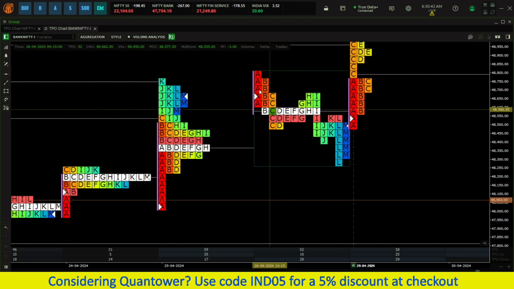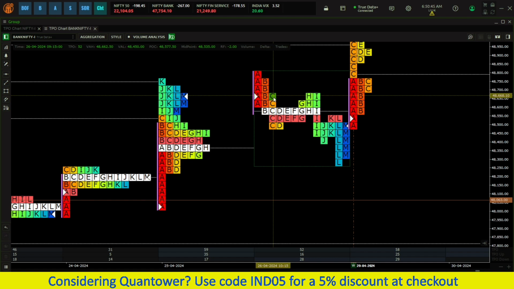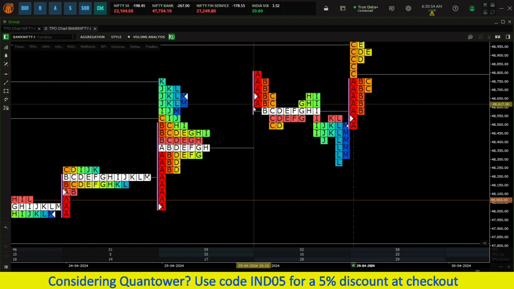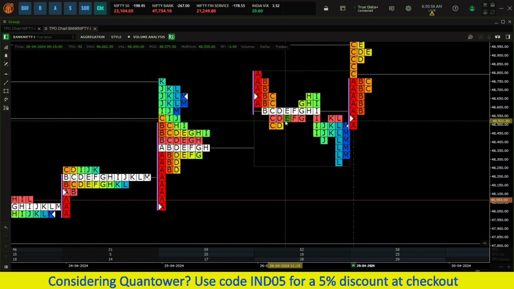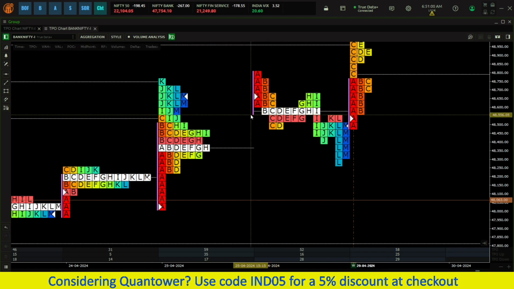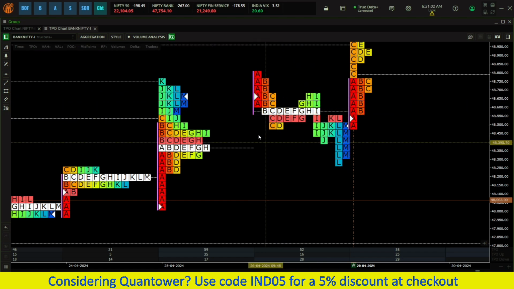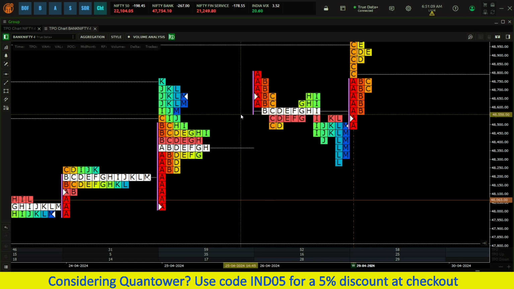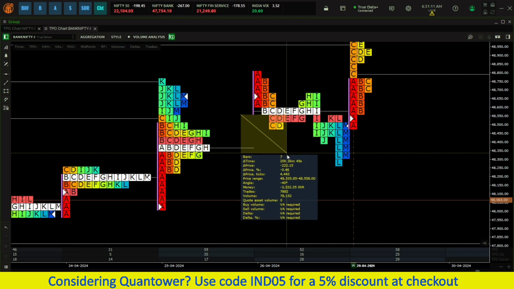If you see, AB is the IB. Thereafter we got range extension in the C period. Often the market continues in the same direction. With a medium IB, if we see a breakout, then oftentimes we see continuation up to 1x. 1x means whatever the IB value is, here somewhere near 249, and from 249 points we need to get the extension.